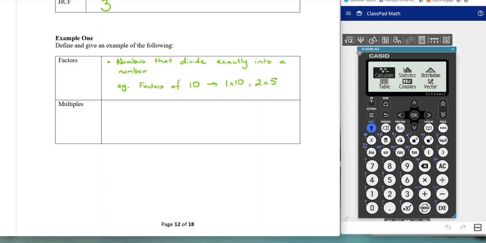Okay, the new part, multiples. Multiples are numbers that are created by multiplying the particular number by any whole number.